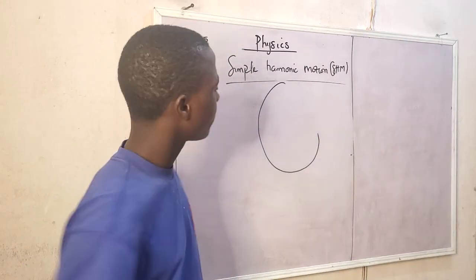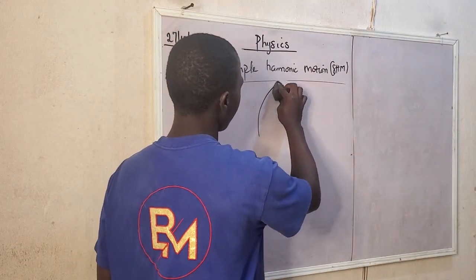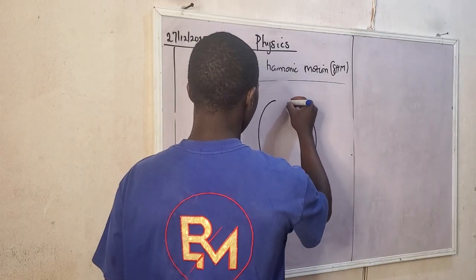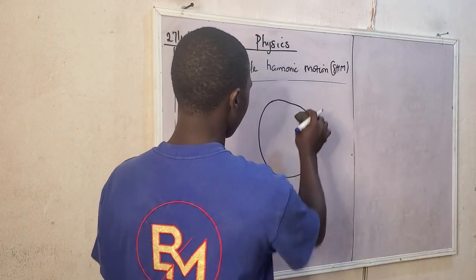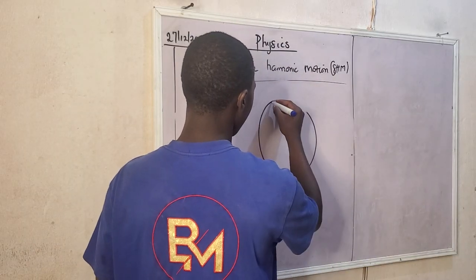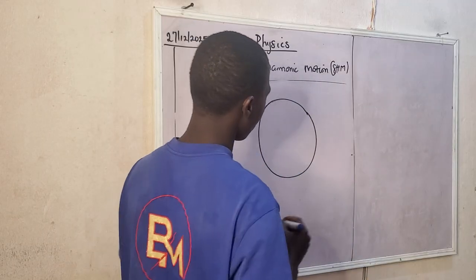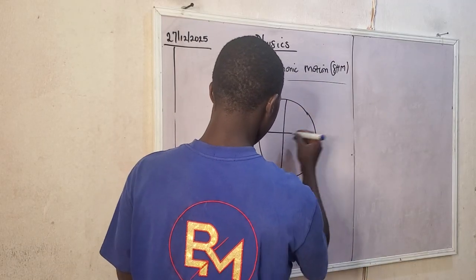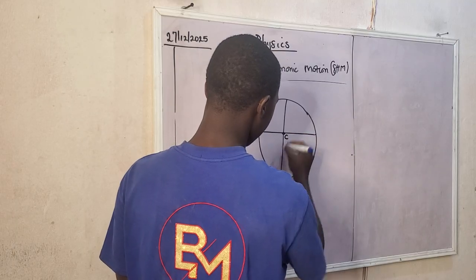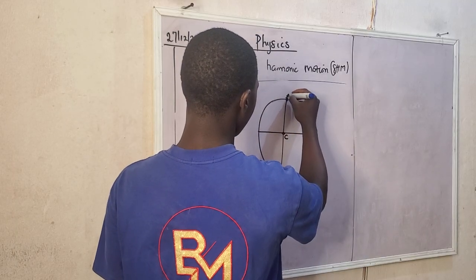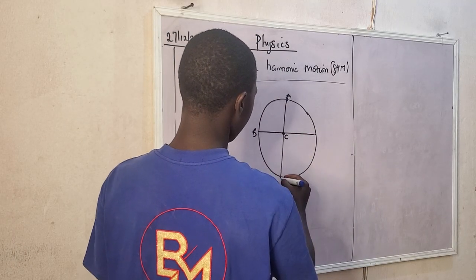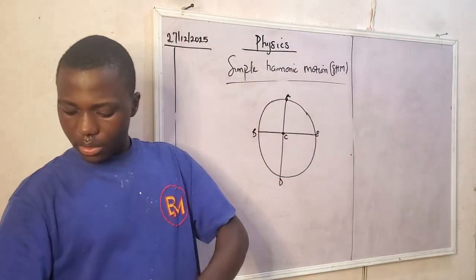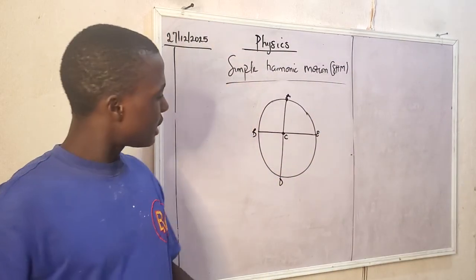Sorry, I don't know how to draw. It has the center here. Let's call the points A, B, D, and E. Now let's consider simple harmonic motion on this circular motion.